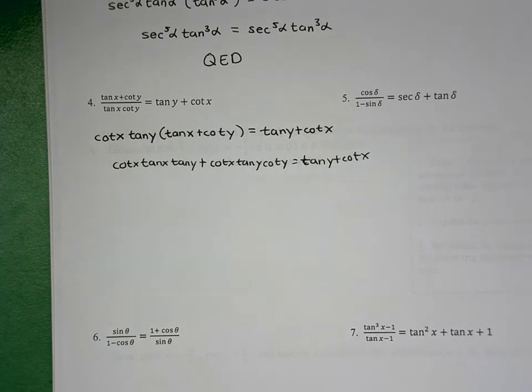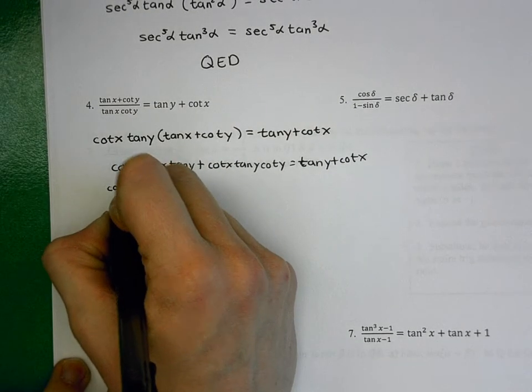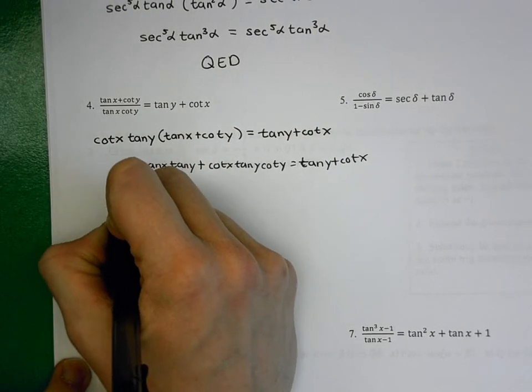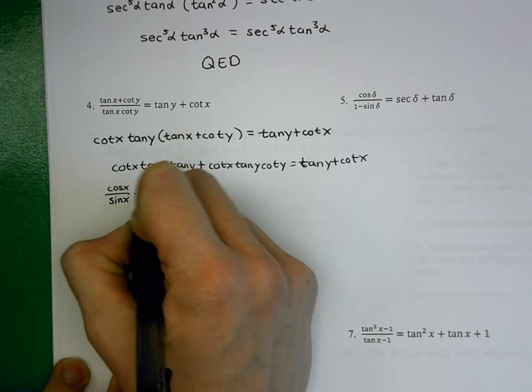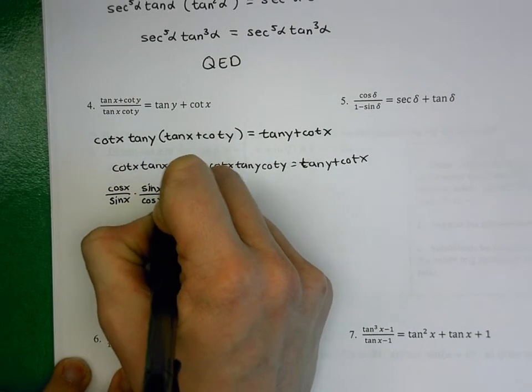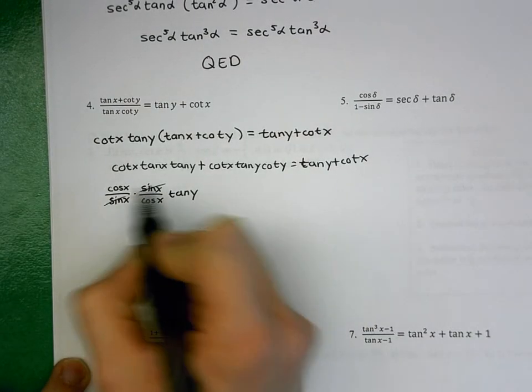For others, we're going to look at cotangent x and tangent x and say, I don't see how that makes 1. And so maybe you substitute in your cosines and sines, right? Cotangent x is the same thing as cosine divided by sine. Tangent is the same thing as sine divided by cosine. And when you do that, you'll notice the sines will cancel and the cosines will cancel.